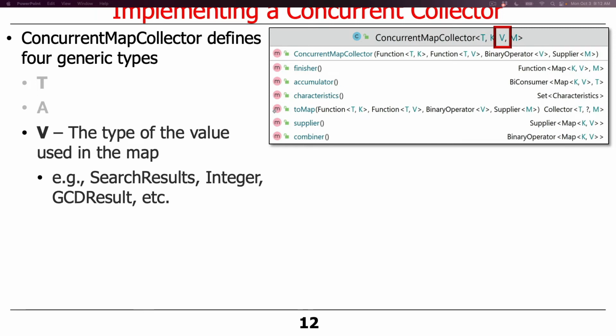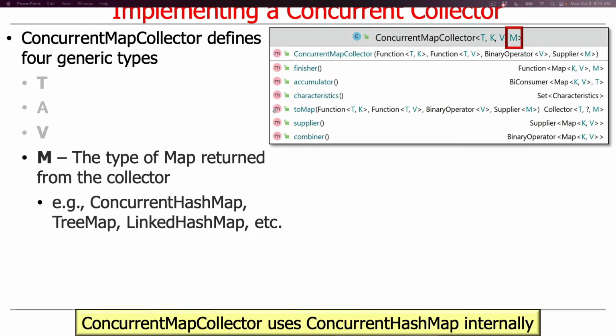V is the type of value used in the map, which could be an integer, search result, GCD result, again, whatever we want to make via the results. And M is the type of map that's returned from the collector. It could be a ConcurrentHashMap, a TreeMap, a LinkedHashMap.